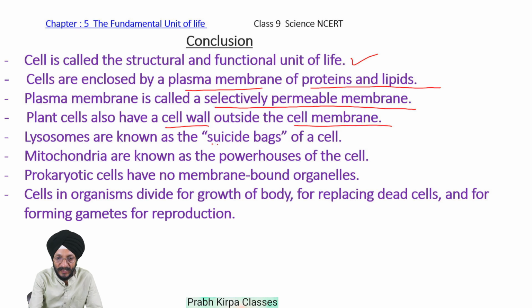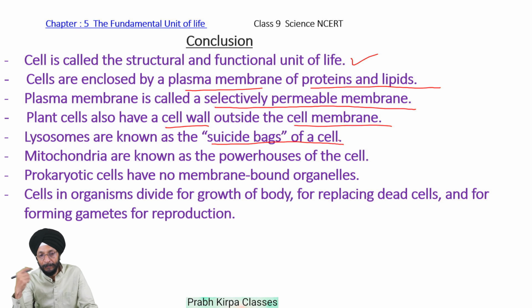Lysosomes are known as the suicide bags of the cell because if the cell is destroyed in any way, then the lysosomes eat all the organelles of the cell, resulting in the death of the cell.